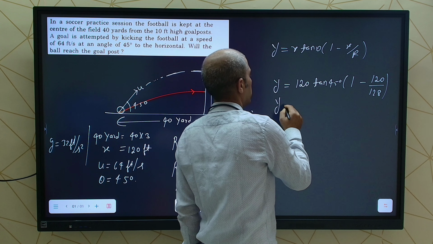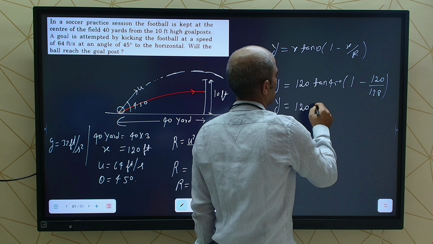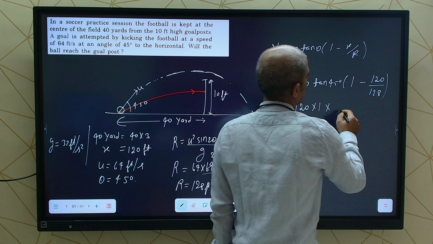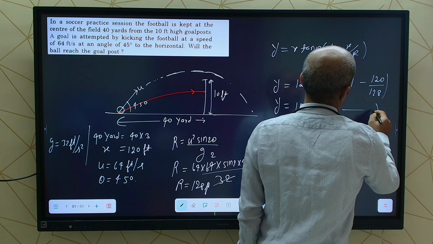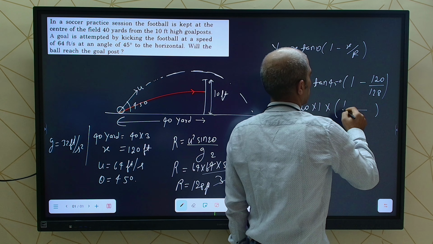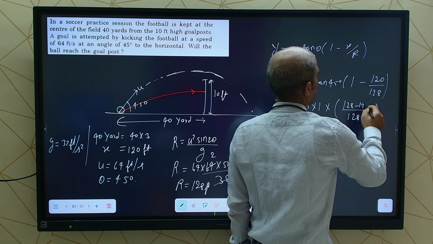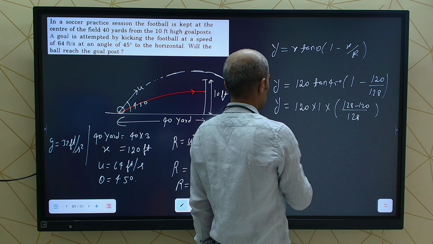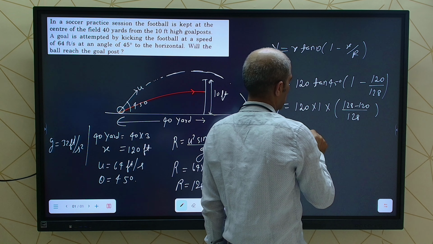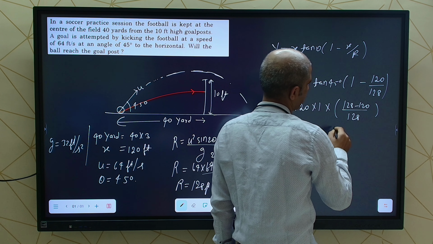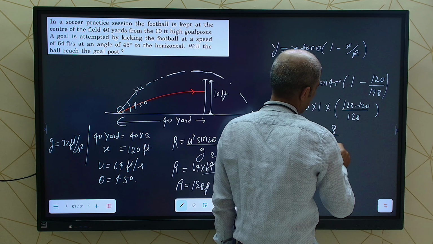So the value of y is 120 times 1 minus 120 upon 128, that is 128 minus 120 over 128. So y is 120 into 8 upon 128.